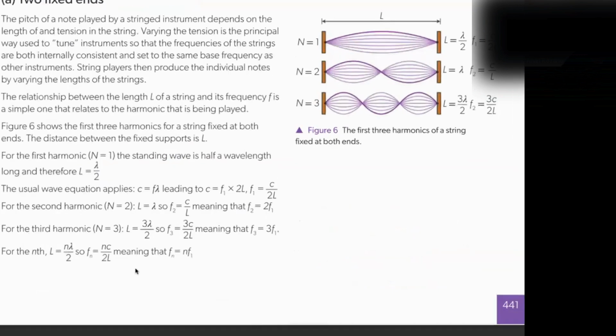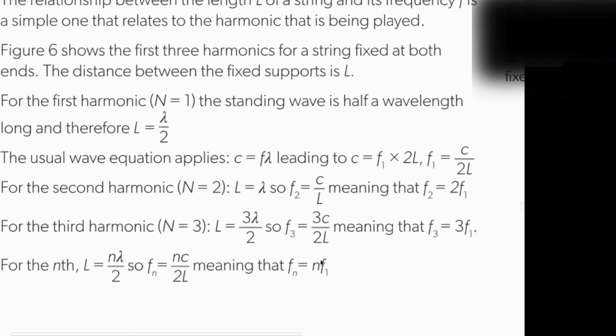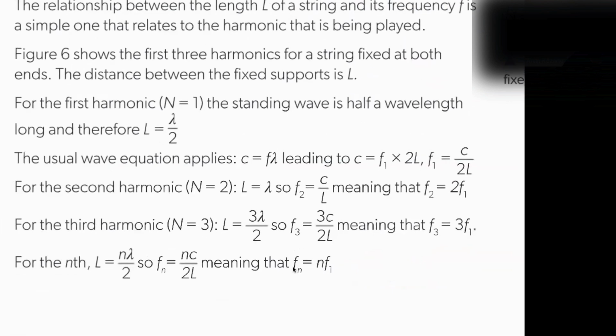In general, L is equal to n lambda by 2 and Fn is equal to nv by 2L. That means the frequency of the nth harmonic is n times the frequency of the first harmonic. Do the first three harmonics obey these rules?